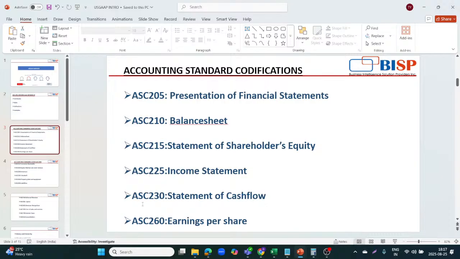Then you have accounting standard codification 230, which shows you the statement of cash flow. So this will address the presentation of the statement of cash flow and its classification. Then you can classify the cash flow and the different methods.